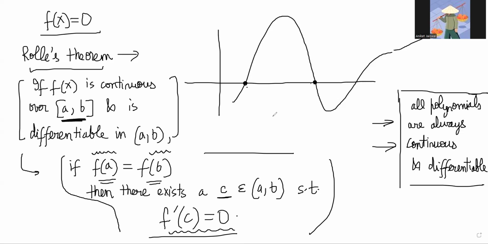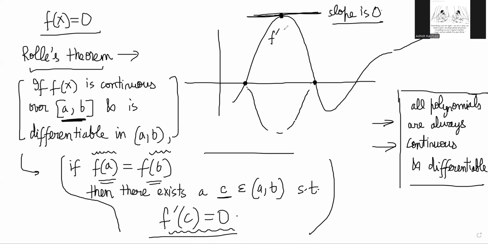That is obvious because if the function has a value here and after some time the same value, then it cannot be that it was constantly going up, right? It has to turn and it has to come back down. If it went down, it had to come back up. And at the point where it turns, the slope of the curve is 0, which means the derivative at this point has to be 0.